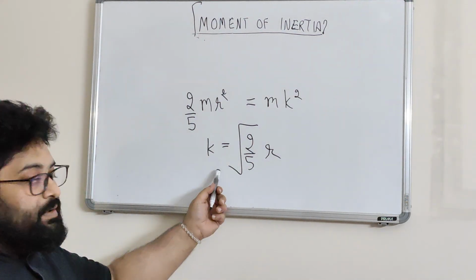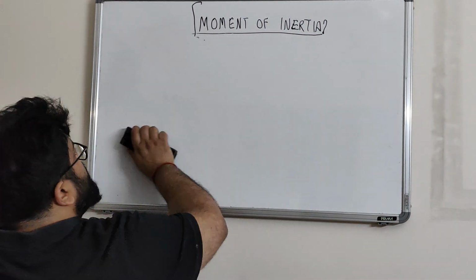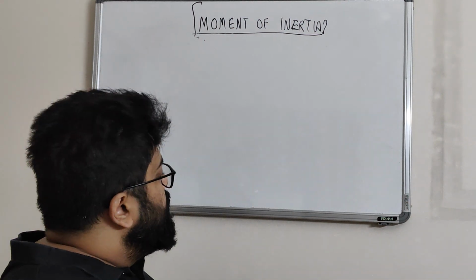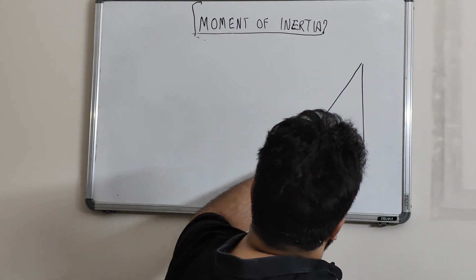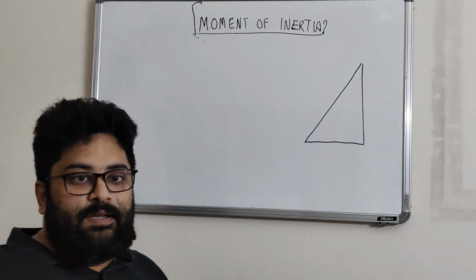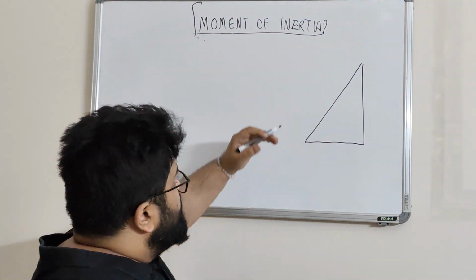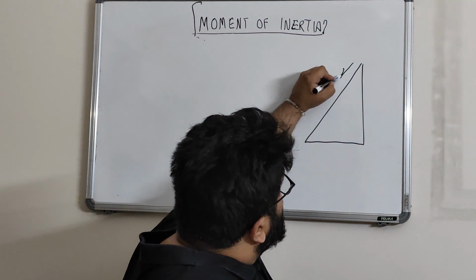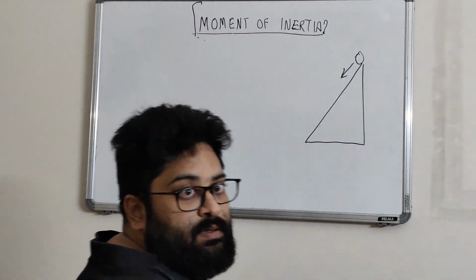Alright, why I have mentioned this? Take into account, now this is something which is a combination of many things, but this is important to this topic, so please bear in mind. So imagine you have an inclined plane, and a body is rolling down this.